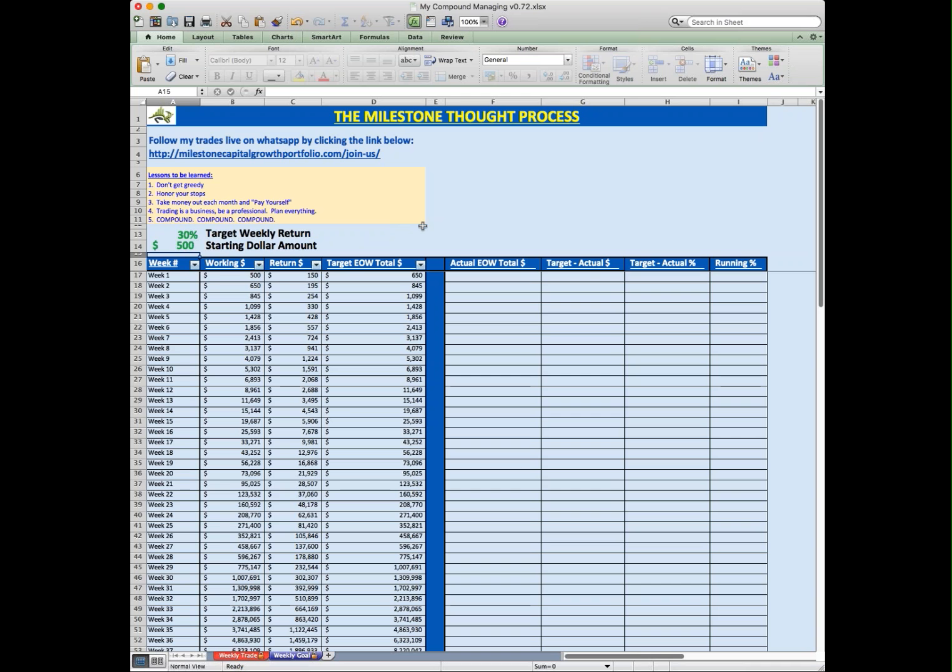One trade, 30%. All right. And if you go 10 weeks, that's $7,000. Now that's where it starts getting more and more interesting. If you go another 5 weeks, all of a sudden it's $25,000 just from $500.